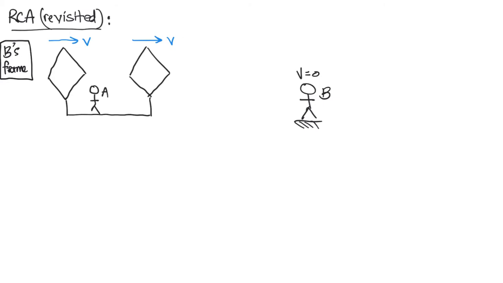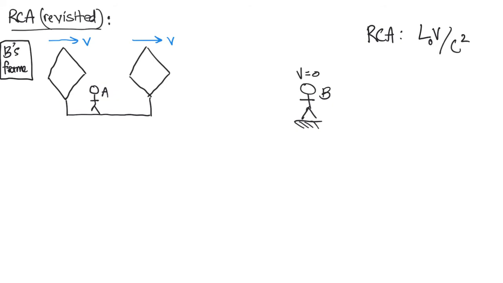Because these two clocks are not at the same location, in other words, this front clock is going to reach Bob before the rear one does, rear clock ahead tells us that the rear clock is going to read a number bigger than the front clock by an amount L naught v over c squared.